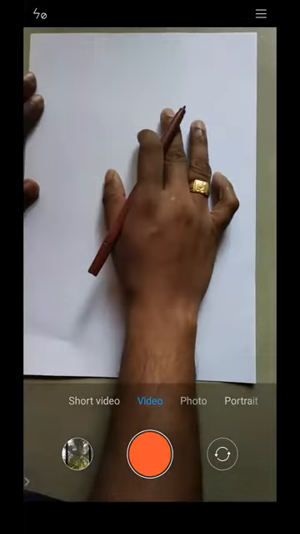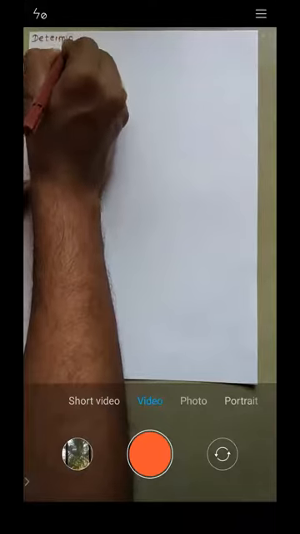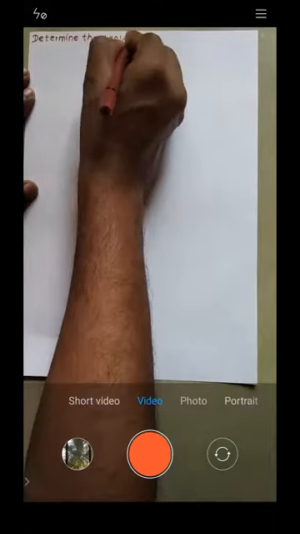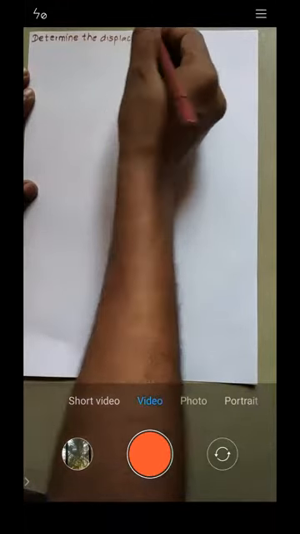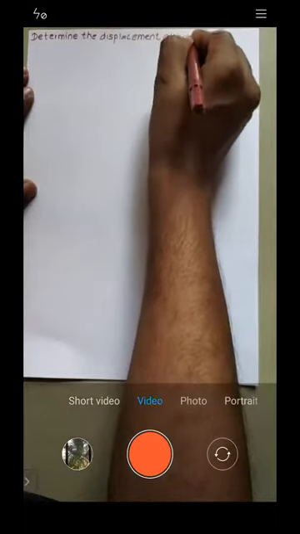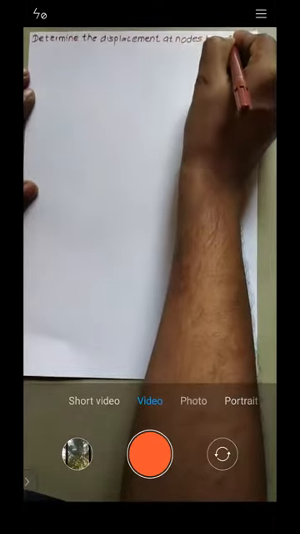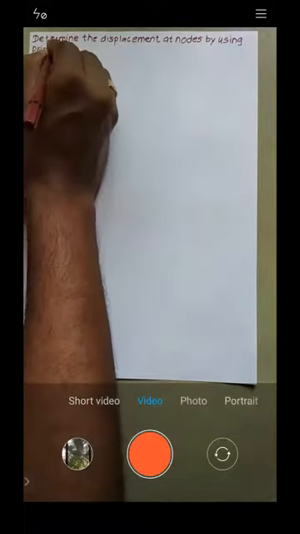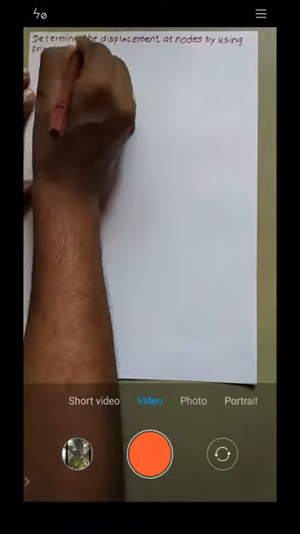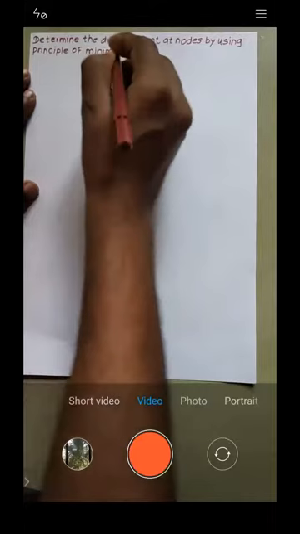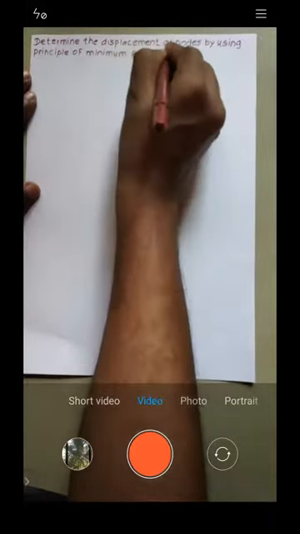Determine the displacement at the nodes by using the principle of minimum potential energy.